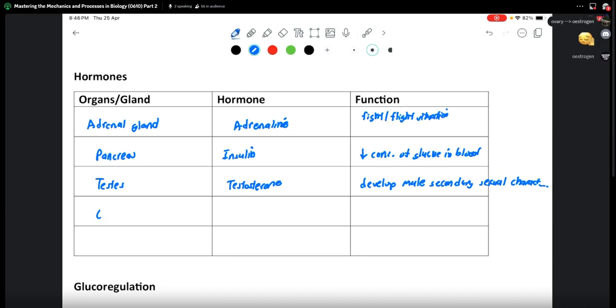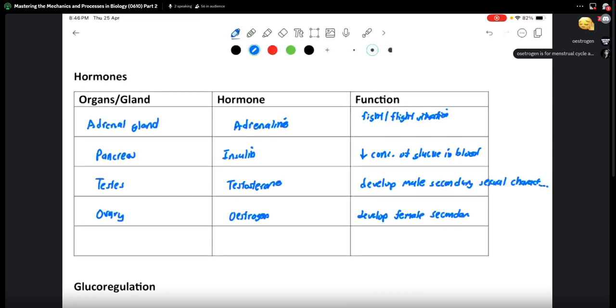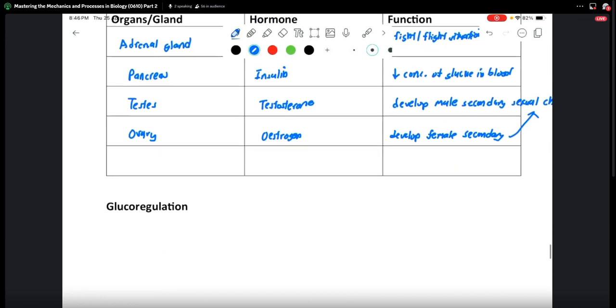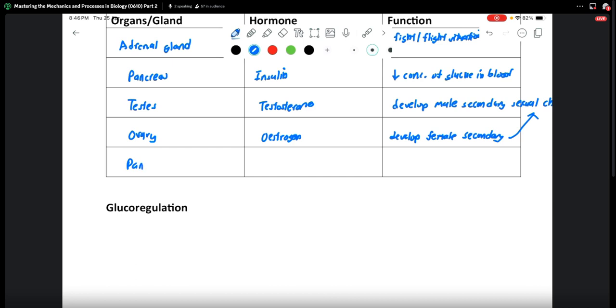The ovary will produce the estrogen, and the estrogen will also cause the development of the female secondary sexual characteristics. The same thing. And the last one, also from the pancreas, is the glucagon. The glucagon will increase the concentration of glucose in the blood.